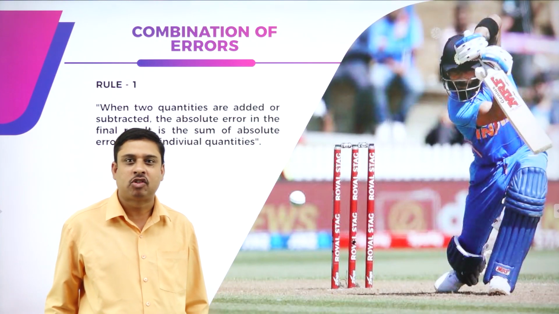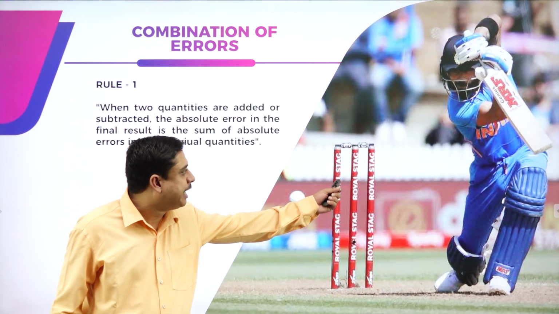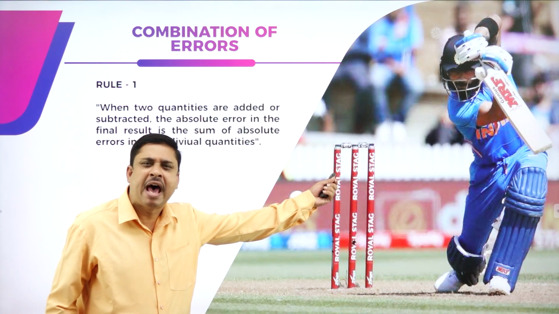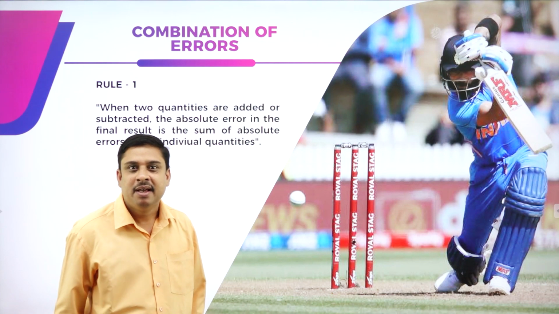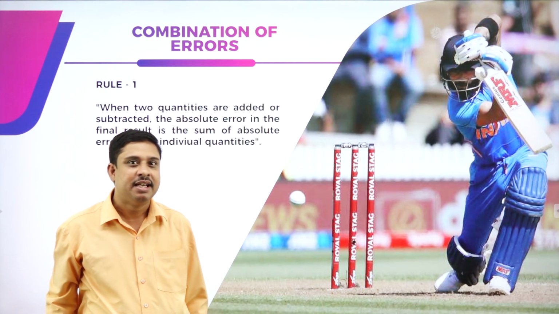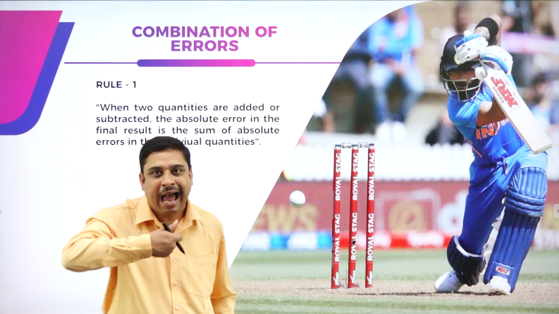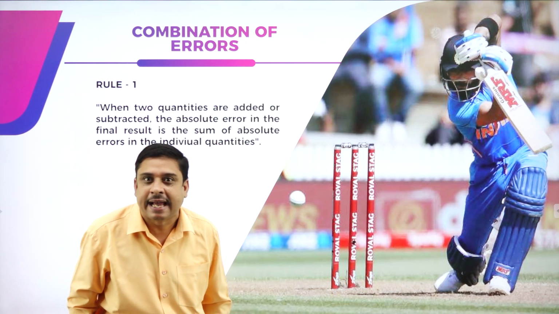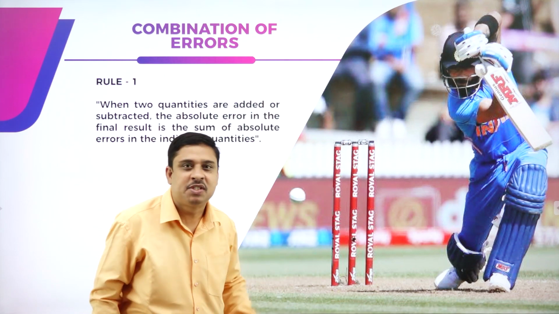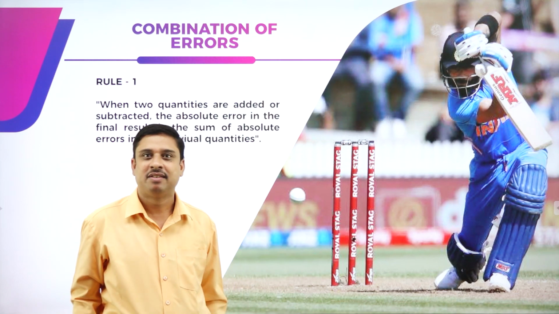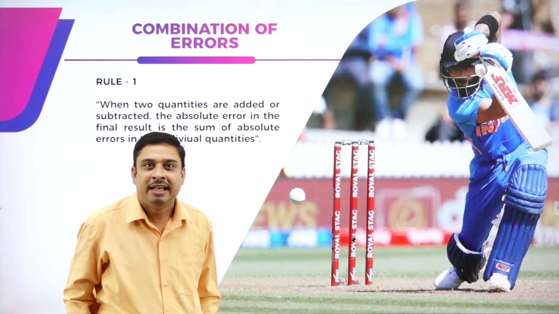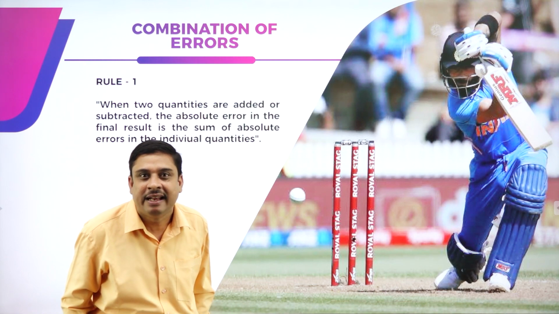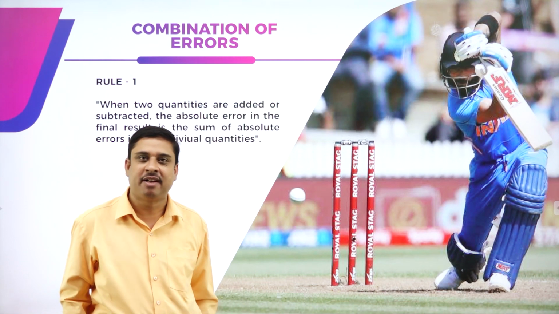going to my today's concept, the hero of million hearts, Virat Kohli, with his fabulous drive. But my dear students, if his hand-eye coordination is not precise, the stumps will be blowing out, which means because of the lack of precision, error comes into picture.